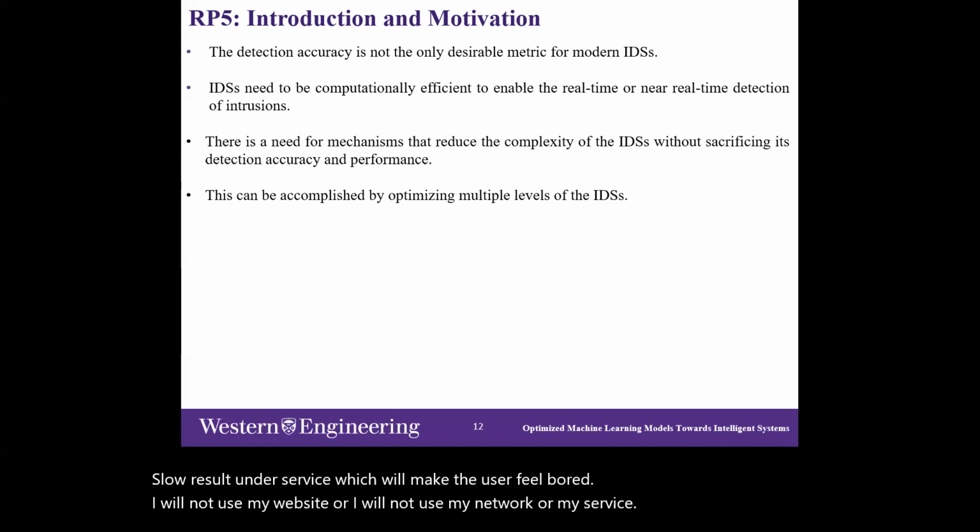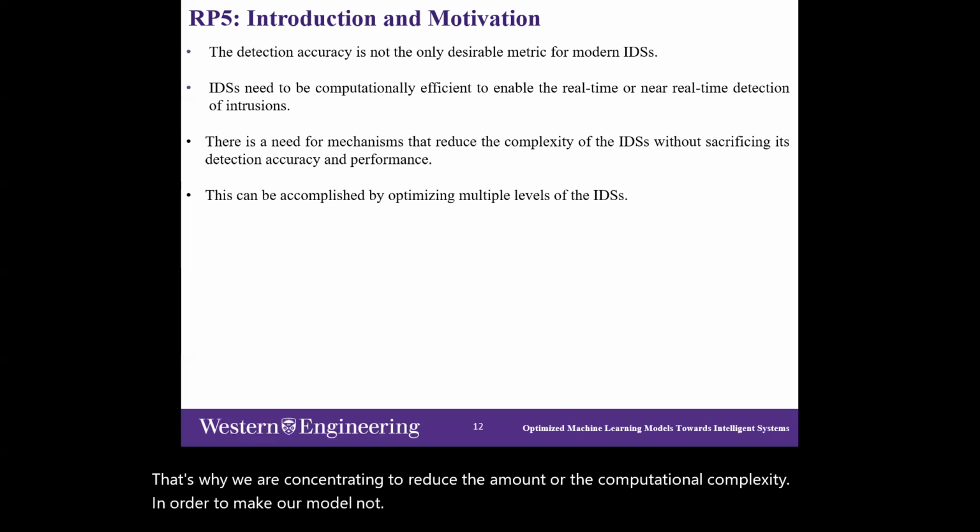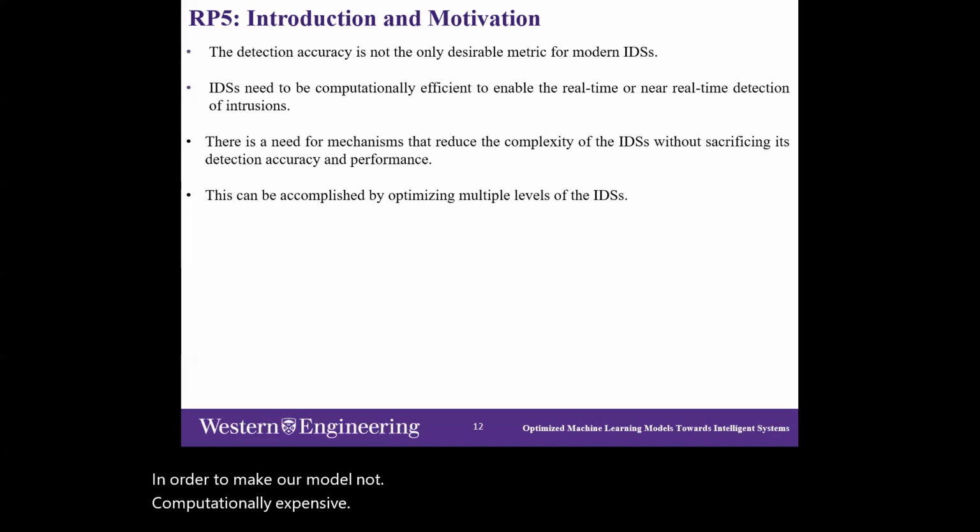That's why we are concentrating on reducing the computational complexity, in order to make our model not computationally expensive, which means requiring long time and exhausting our computational resources. Clear, guys?